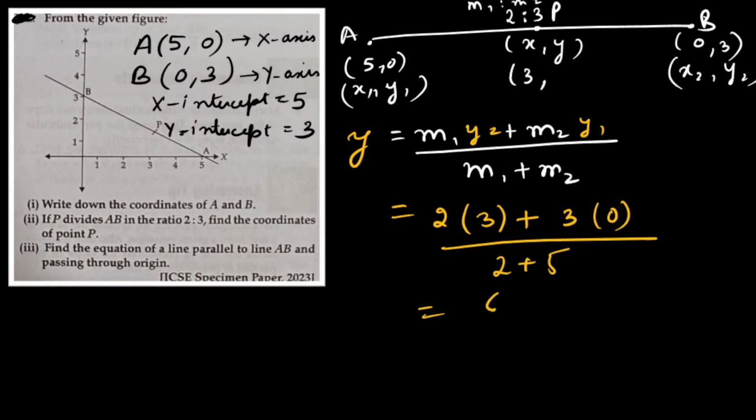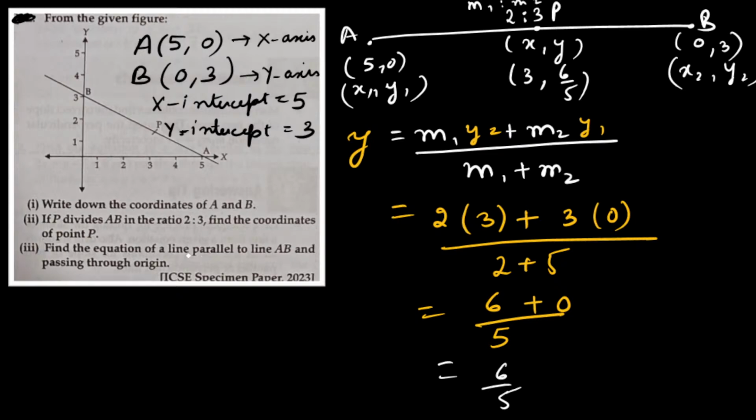So 2 into 3 is 6, 3 into 0 is 0. So 6 plus 0 is 6, and 2 plus 3 is 5. So the value of y we got is 6 by 5. So we have found the coordinates of point P. The first part is done. The second part is done.